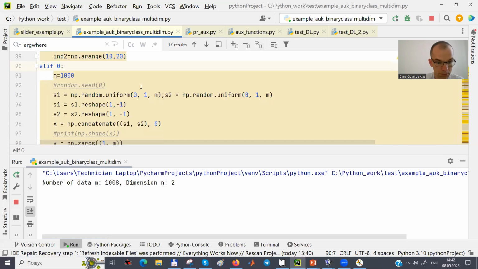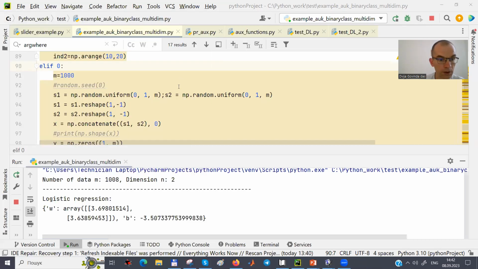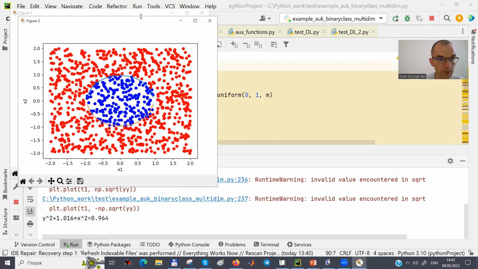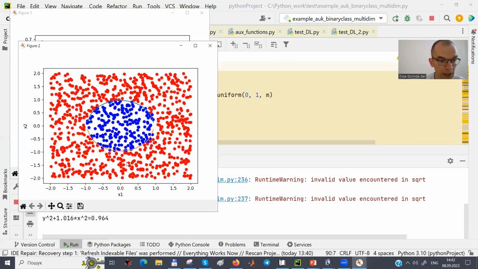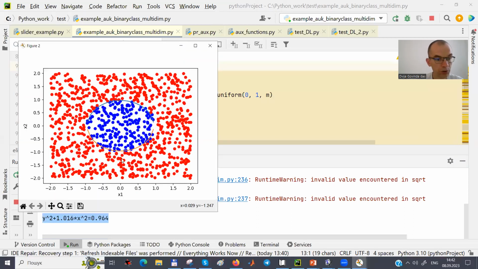Did I run the program? Yes, it's here. Okay, let's continue. Let's find which coefficients were found. So the following decision boundary. And you can see here at the bottom the equation for the corresponding ellipse.